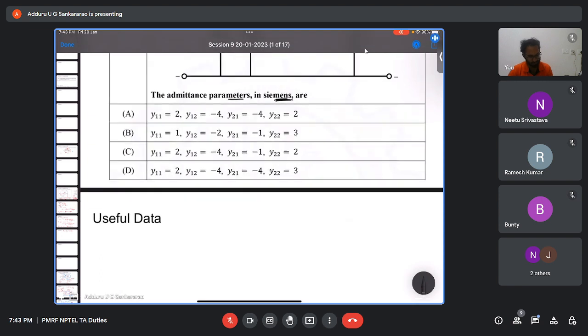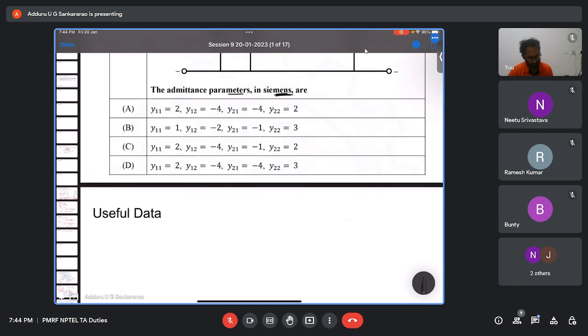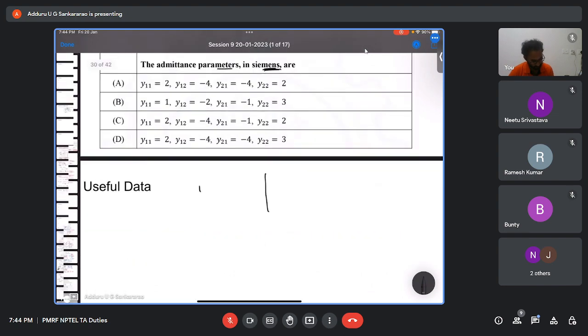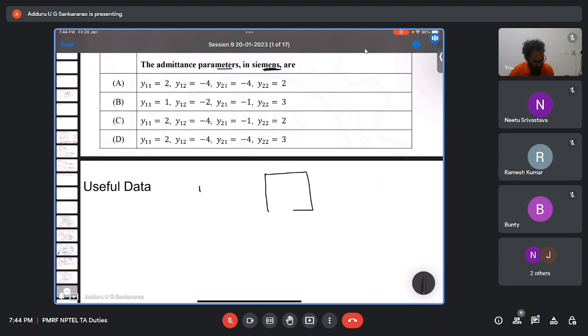So, what are the admittance parameter equations? Suppose you have a two-port network. This is port 1, and this is port 2. At port 1, this is the voltage and this is the entering current, and at port 2, this is the voltage and this is the entering current.